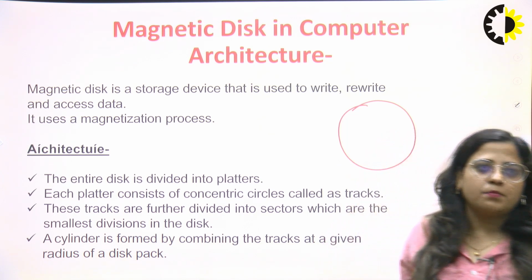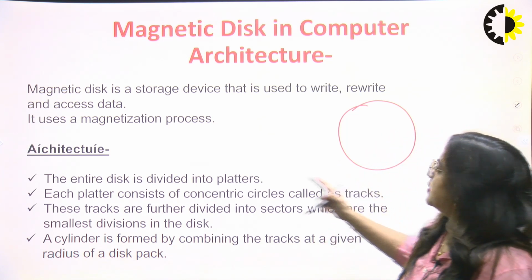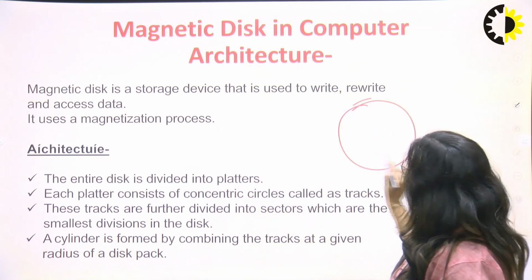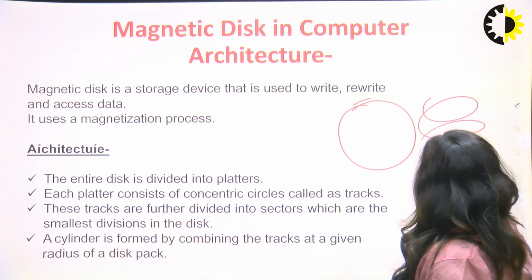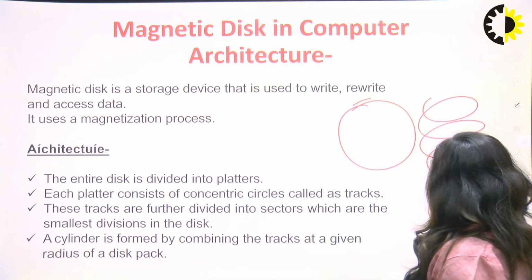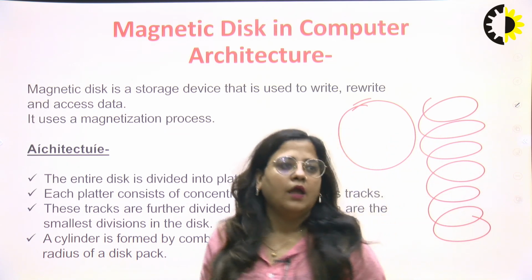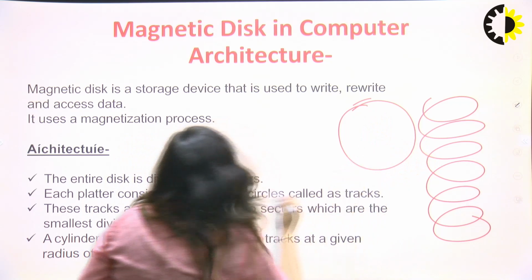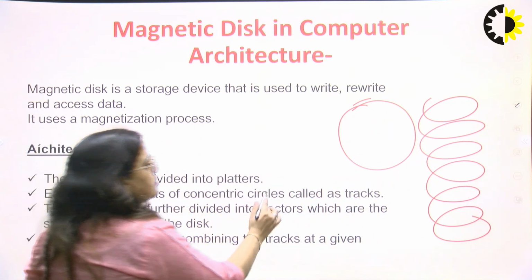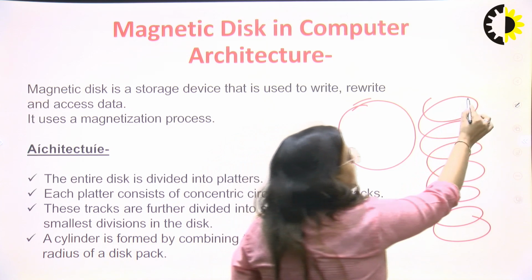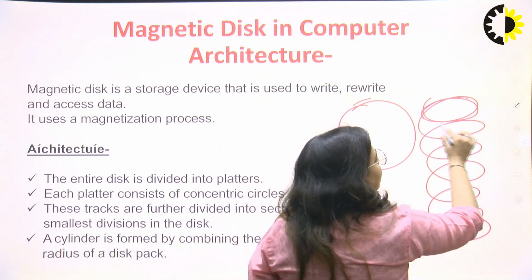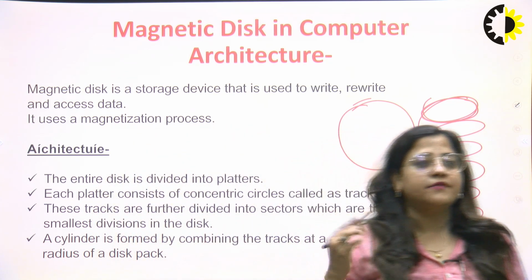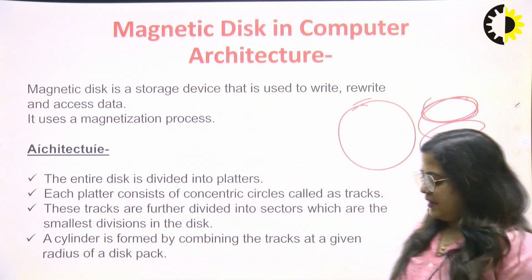It is just a disk, and this disk is divided into platters. A single circle is called a track, and each track is further divided into sectors.